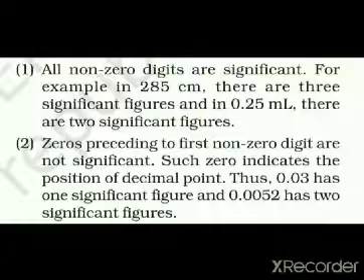Since the zeros preceding the first non-zero digit are not significant, 0.03 has only one significant figure. The zeros are not significant. Consider the next example, 0.0052. All the three zeros are not significant. Therefore, 0.0052 has two significant figures.